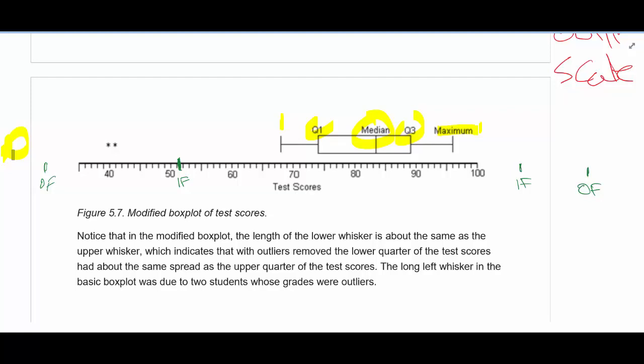So for example, the lower inner fence is the value of Q1 minus 1.5 times the interquartile range, and that gives you your lower inner fence. The upper inner fence is Q3 plus 1.5 times the interquartile range. Any data values that are between the inner fences and the outer fences are outliers. Any data values beyond the outer fences are extreme outliers.